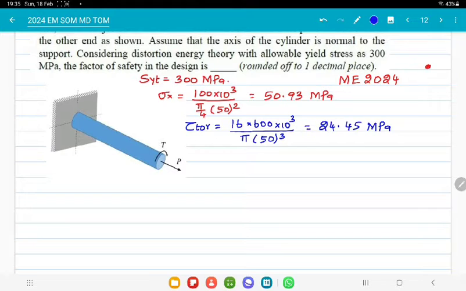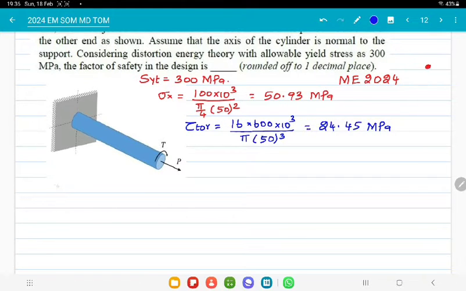So we want input data for von Mises theory of failure. There are two formulas for von Mises theory of failure. One is in terms of principal stress, another one is in terms of tensor stress components. Right. So we want the second formula. Right.